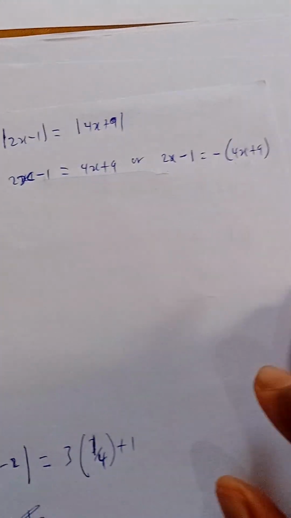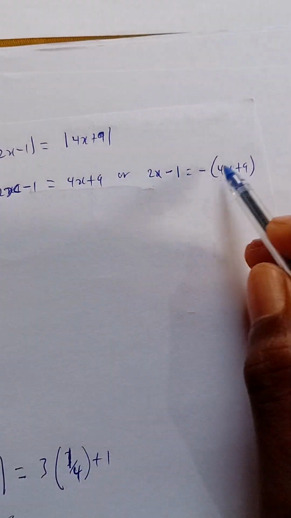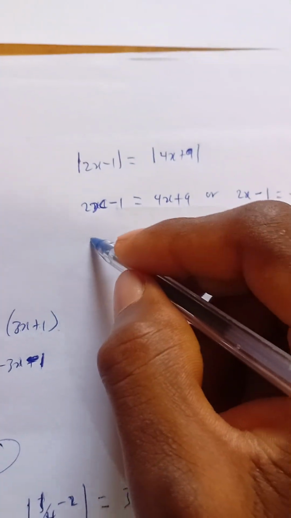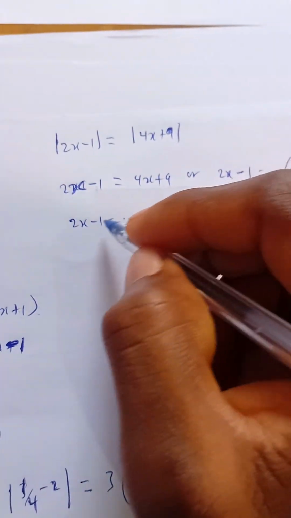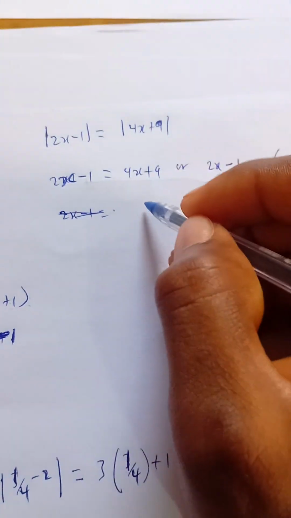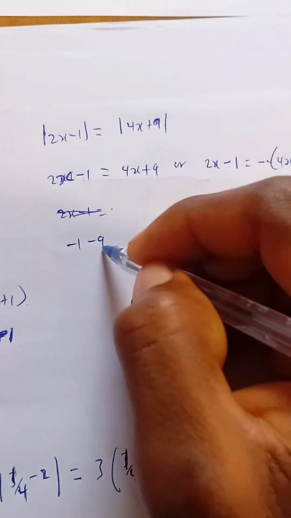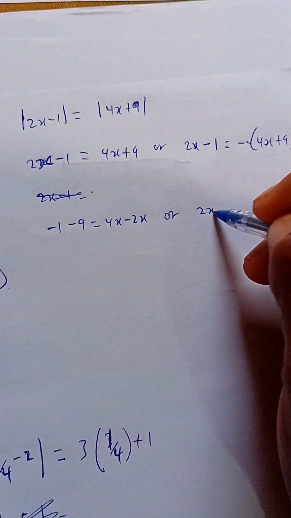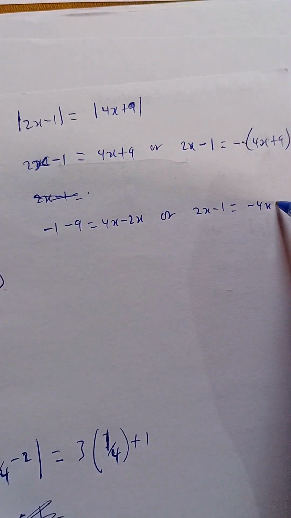And please be careful so you don't make the mistake again. The negative must affect everything there. So let's see. 2x minus 1 equals, alright, let me just cross this there and that one there. Minus 1 minus 9 equals 4x minus 2x. Here we have 2x minus 1 equals minus 4x minus 9.